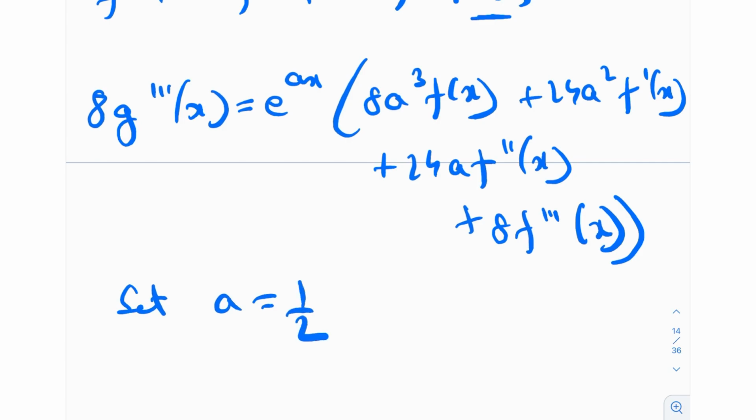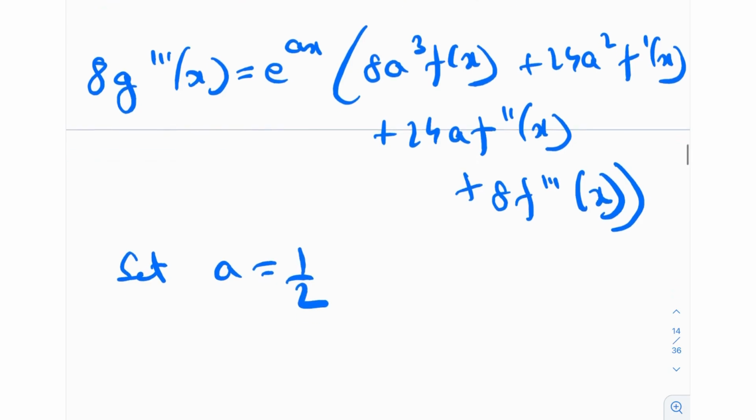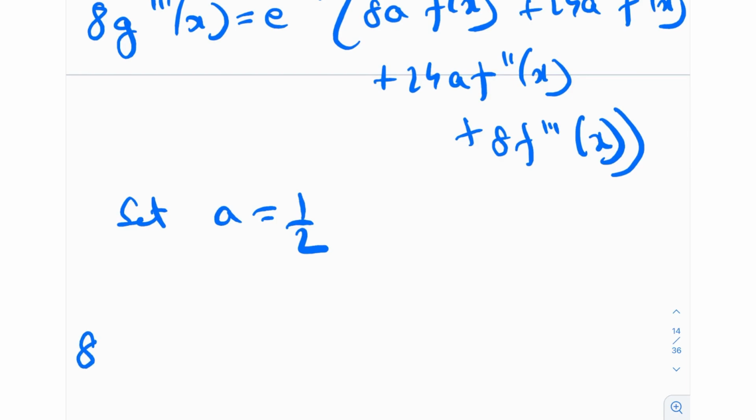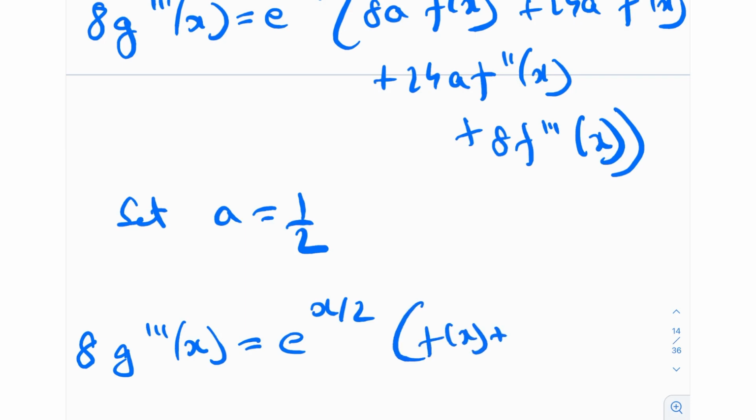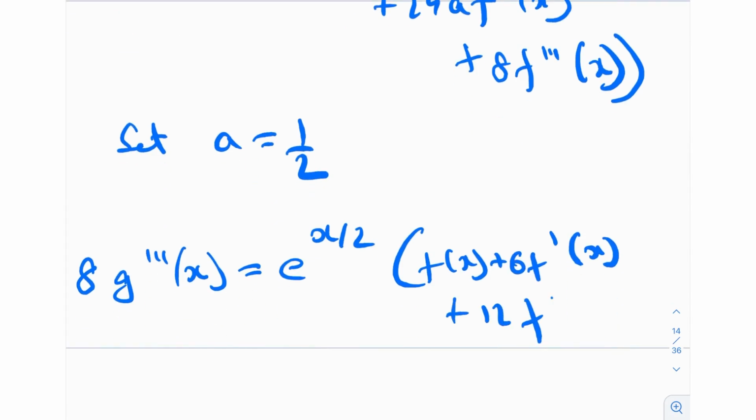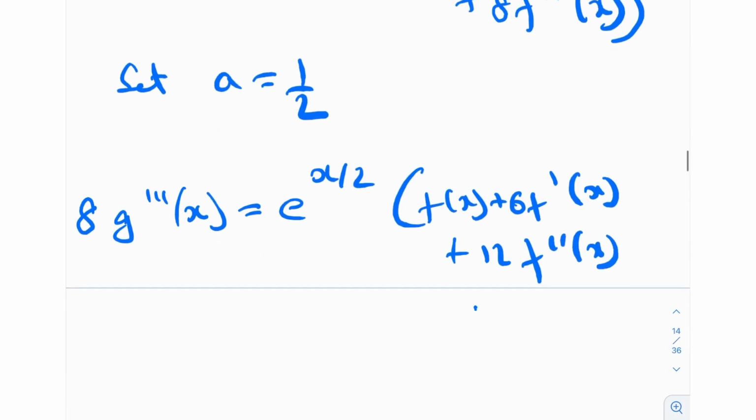And once I do that, the right hand side will look very, very similar. So once I set a is equal to 1 by 2, 8g triple prime x will be nothing but e raised to x by 2 times f of x plus 6 times f prime x plus 12f double prime x plus 8f triple prime x.